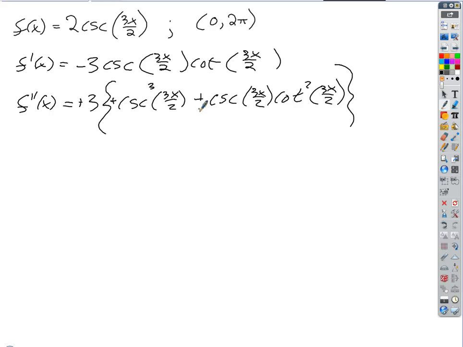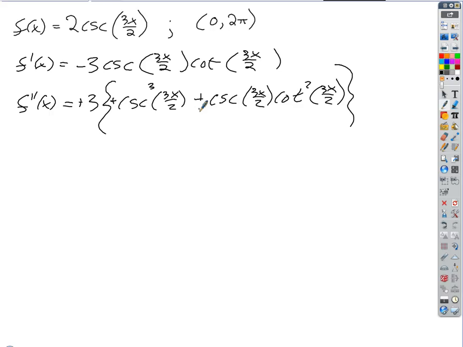If a function is undefined at a value of x, does it make sense to think about a critical number there? Critical numbers are only useful when they are within the domain of the function. You obviously can't have an extremum or a point of inflection where the function isn't even defined.